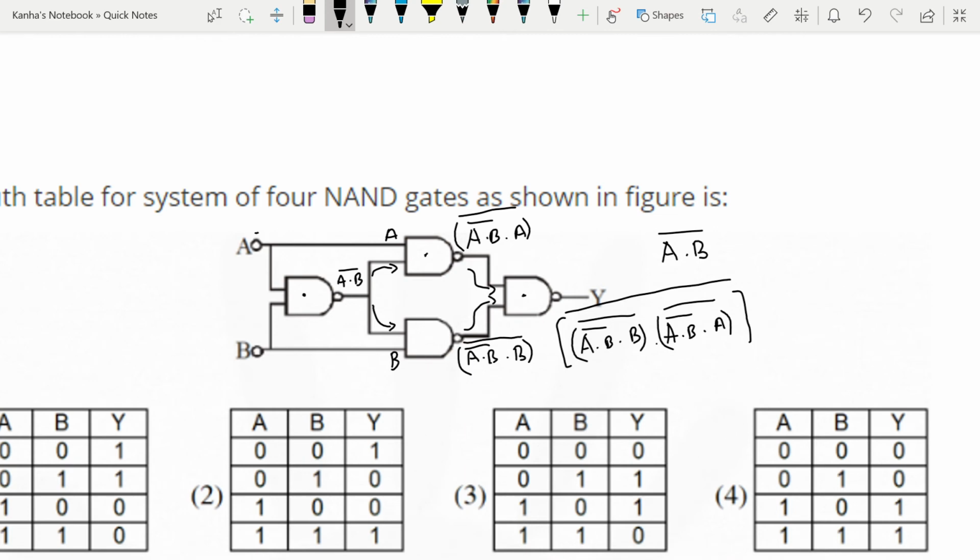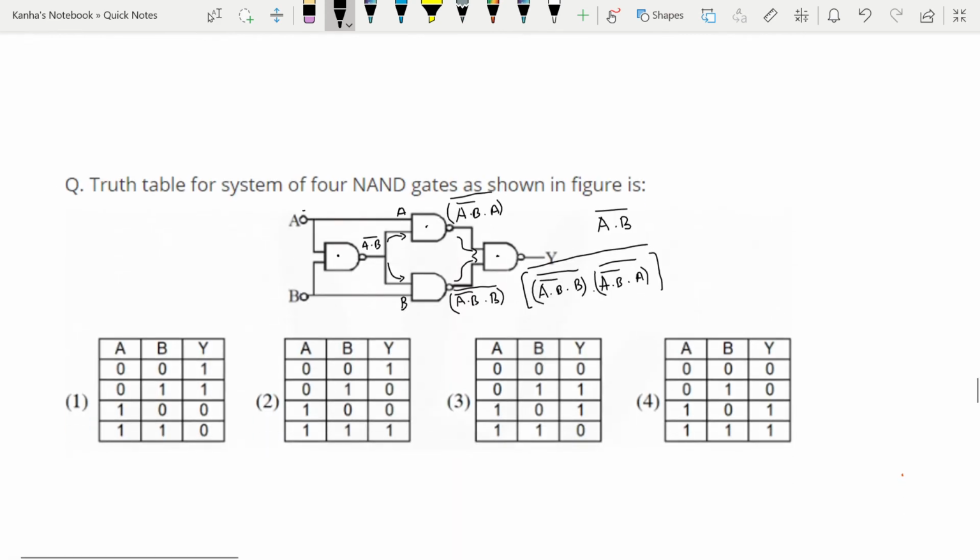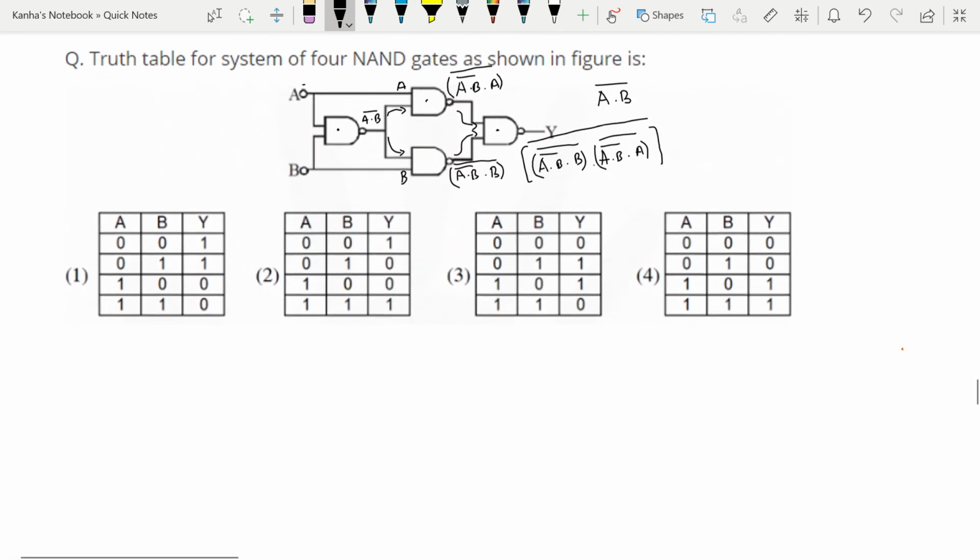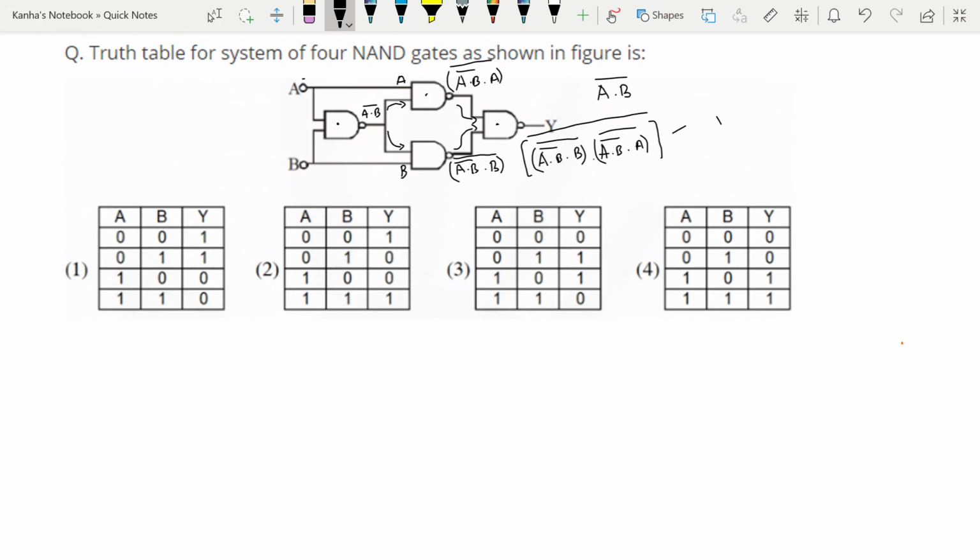Now to write this output out one by one will be really hard, so I try to simplify this equation. Now De Morgan's theorem says that (C dot D) bar is equal to C bar plus D bar.